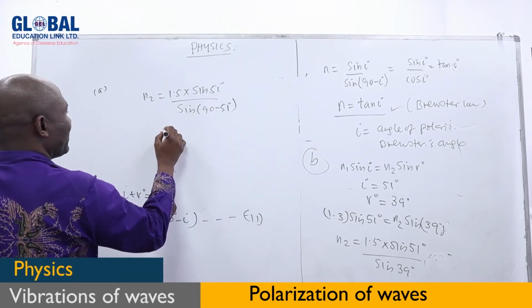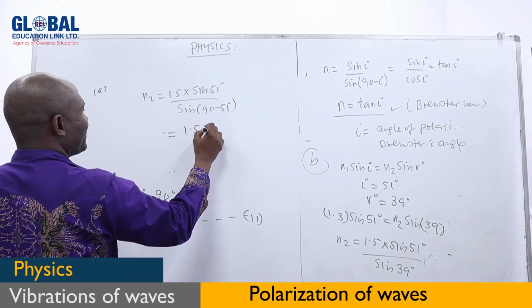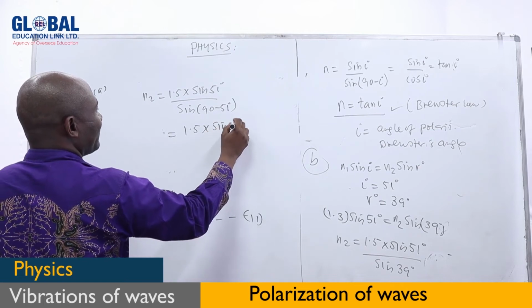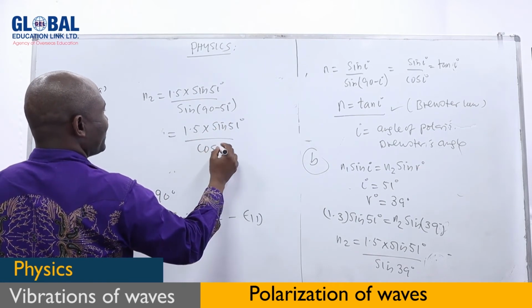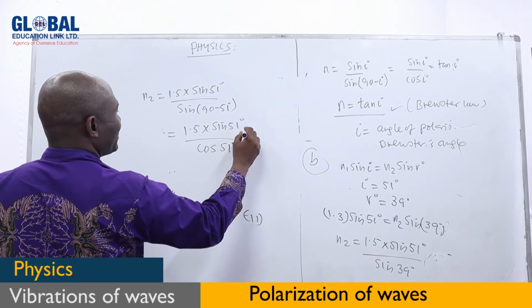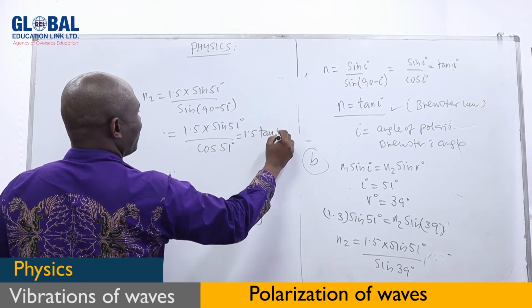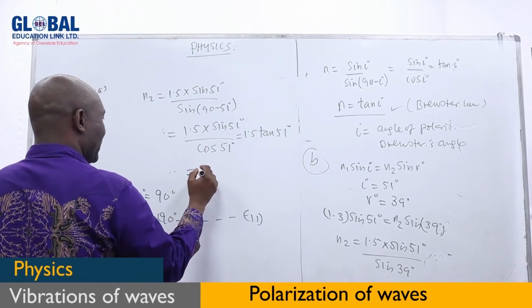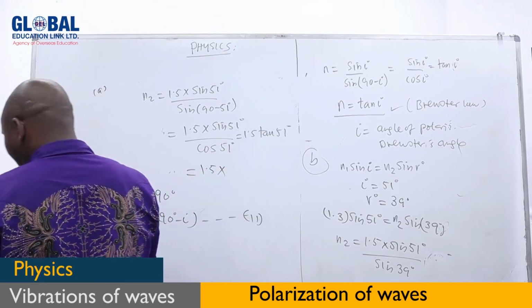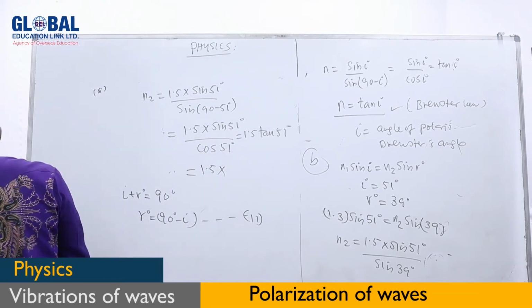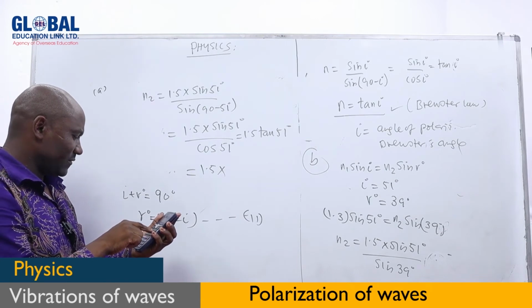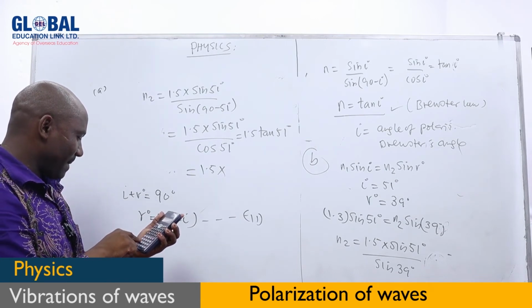Of course, this is the same as sine 51 over cos 51, which is 1.3 tan of 51, which is now easy to find from a calculator.